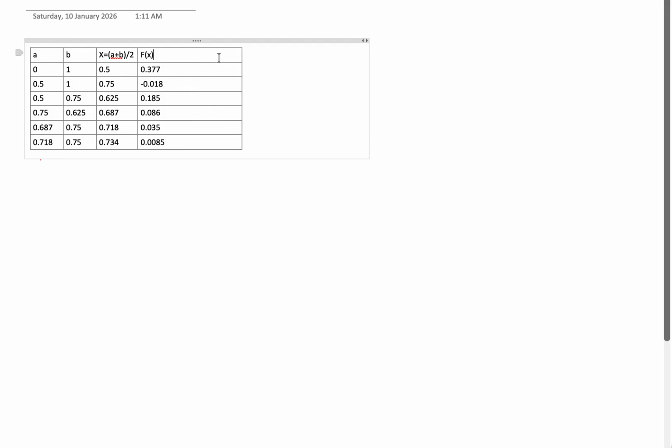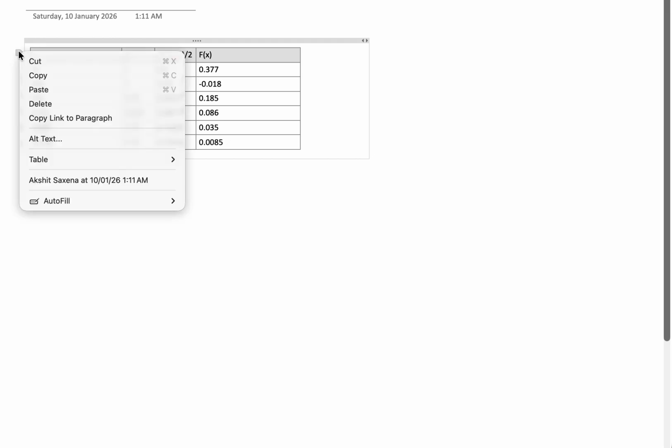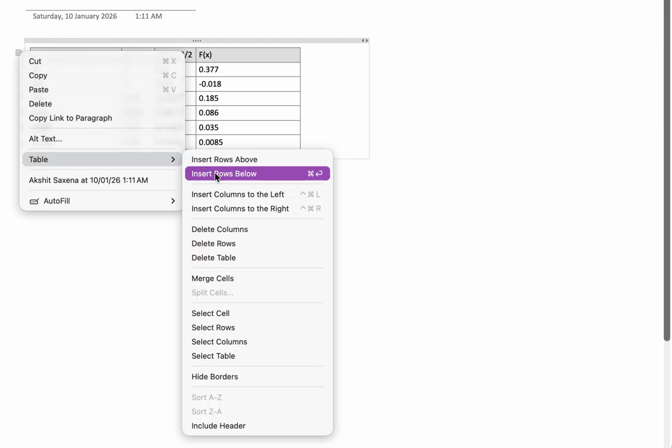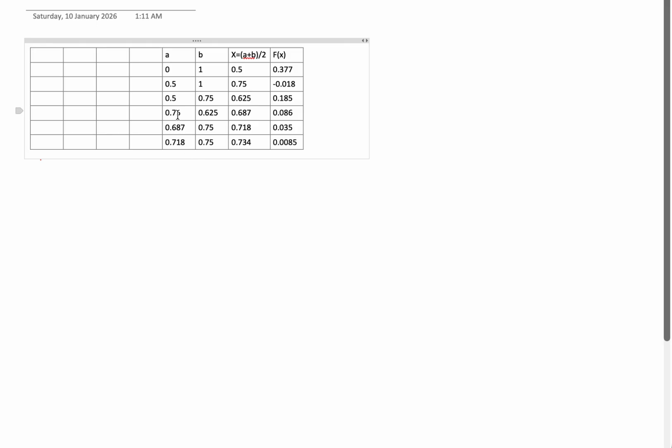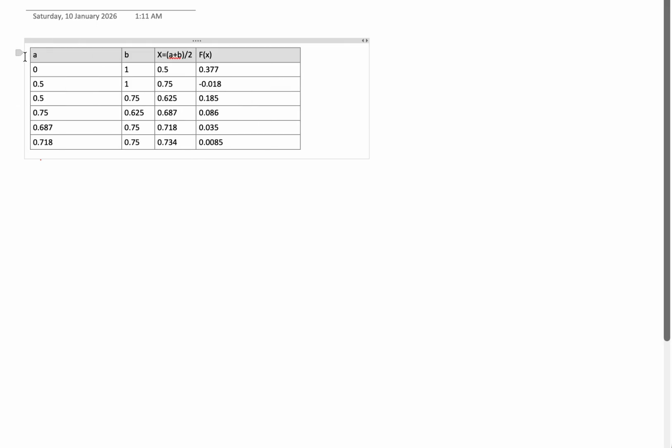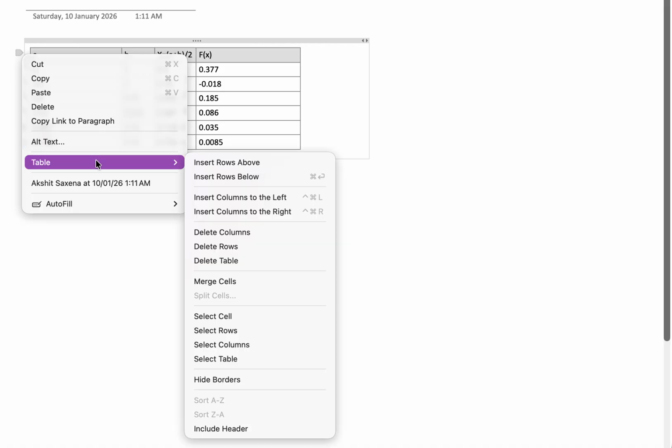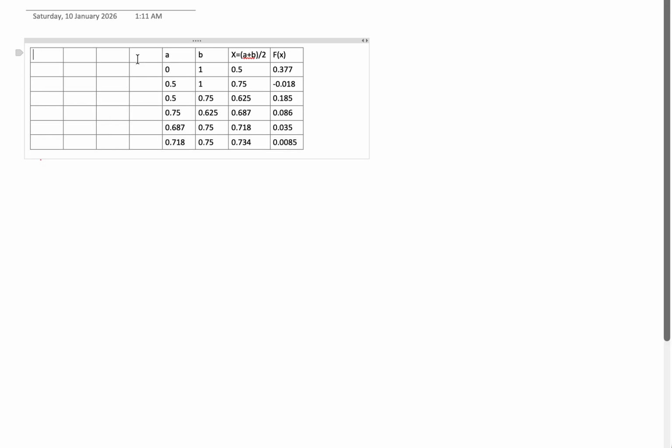If this is possible, can I insert a column to the left? The table is increased, but what you can do is like iteration.